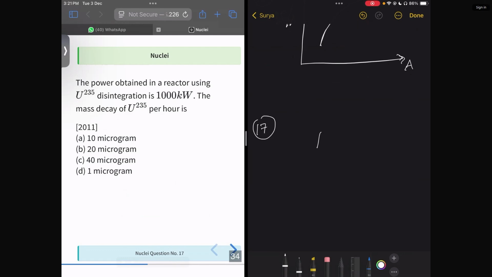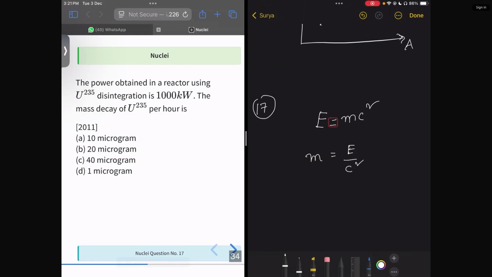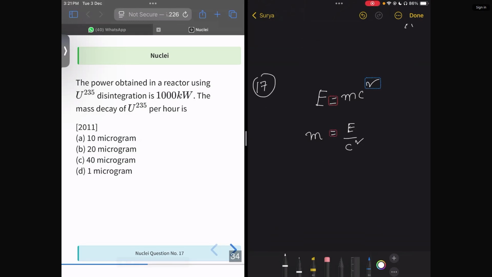So according to the energy mass relation, E is equal to mc square, m is equal to E by c square. So they are asking the mass decay. dm by dt is equal to 1 by c square into dE by dt. What is the energy they had given?